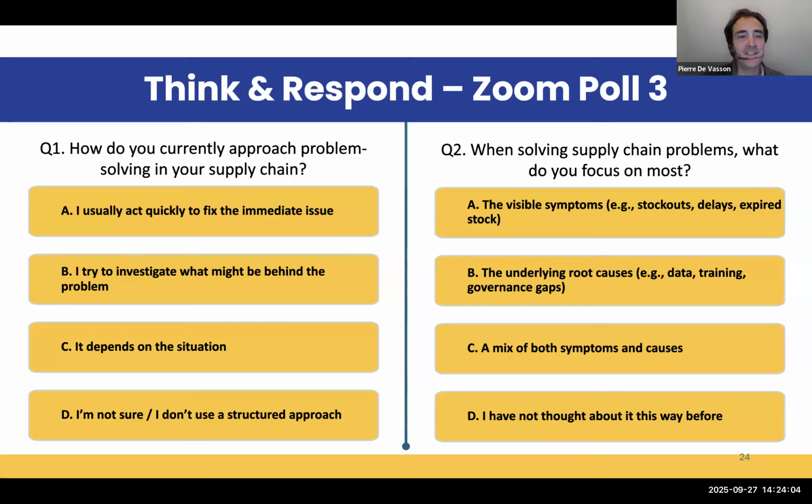Over to you, please do answer. Give you a few seconds more. I think we have more than the majority, so I'll share the results.